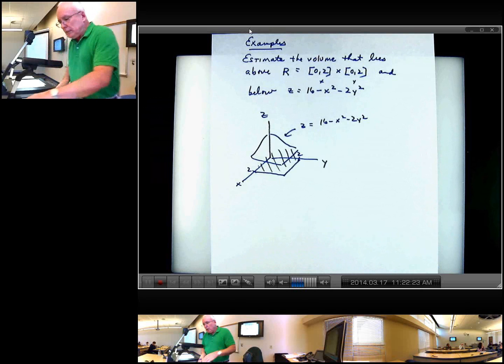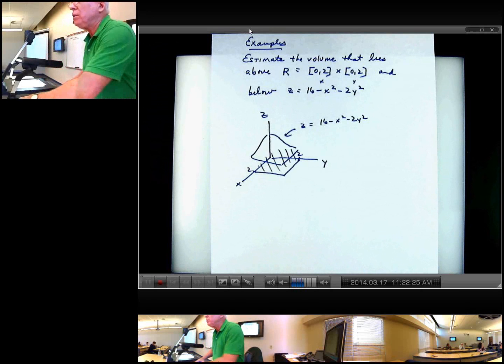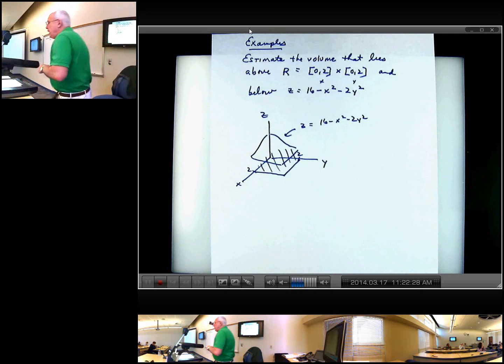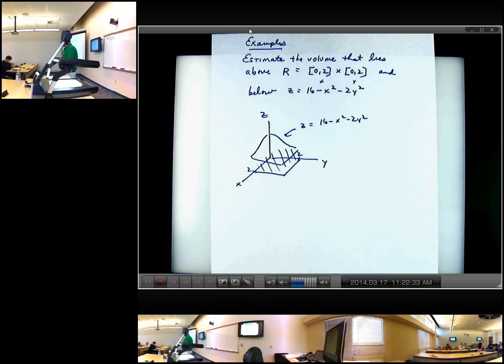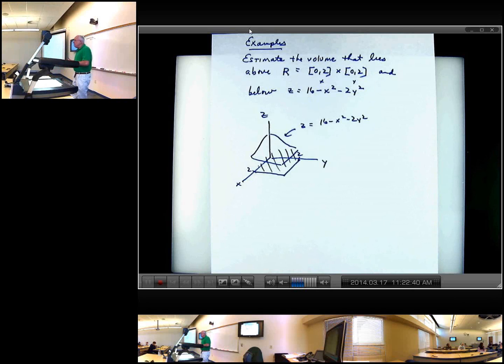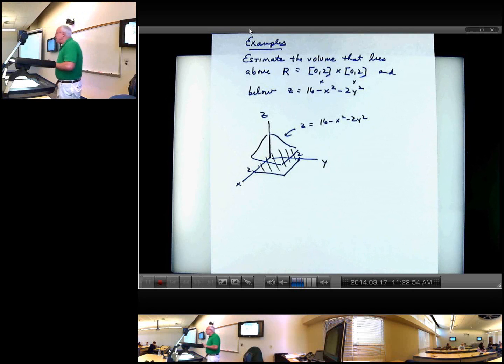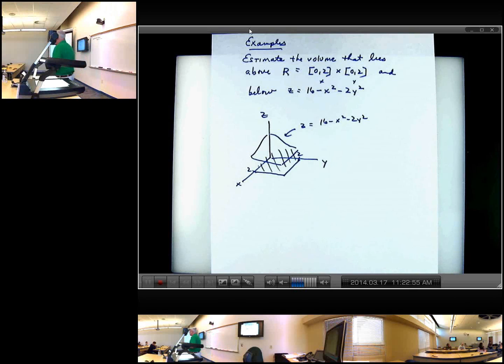You could go crazy with the arithmetic on this, and in fact, computer systems, when they don't know how to figure out an antiderivative and they're trying to figure out the value of a definite integral, will divide things up, calculate a sample value, and add all this together to give you an approximation, because if you can't figure out an antiderivative, then I'm not sure what else there is to do.